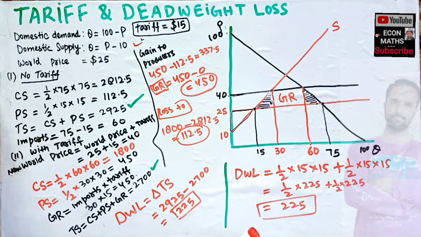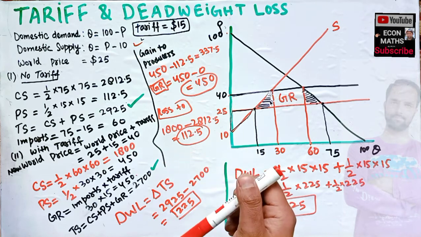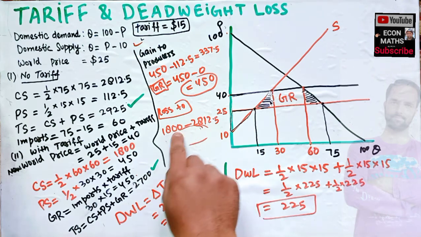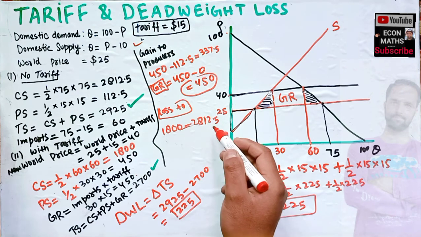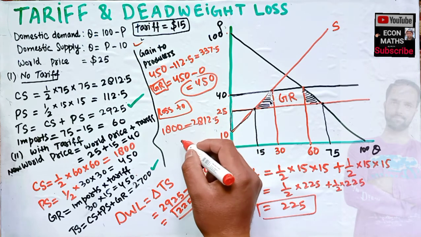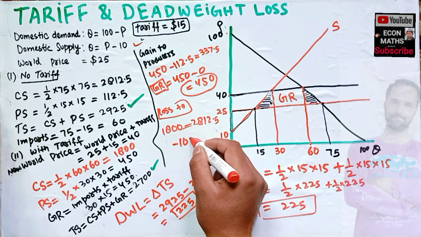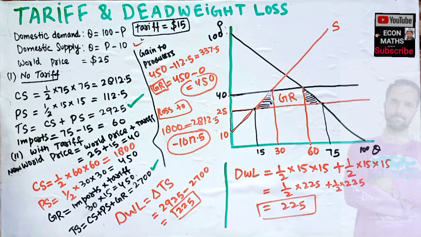Net benefit you can calculate here. Sorry, this is not correct here; it should not be like this. 1800 minus 2812.5 comes out to be minus 1012.5, something like this. So this is the loss to the consumers.